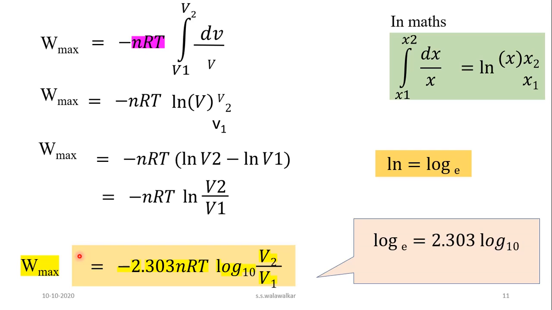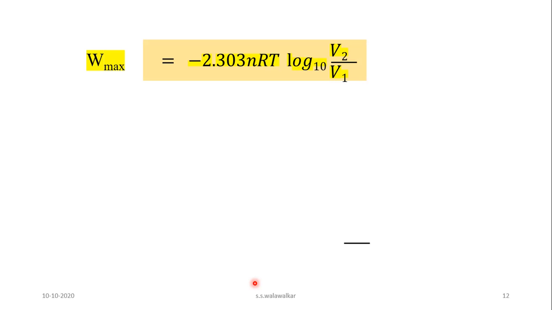So w max is equal to minus 2.303 nRT log to the base 10 V2 upon V1. So this is the expression for maximum work.